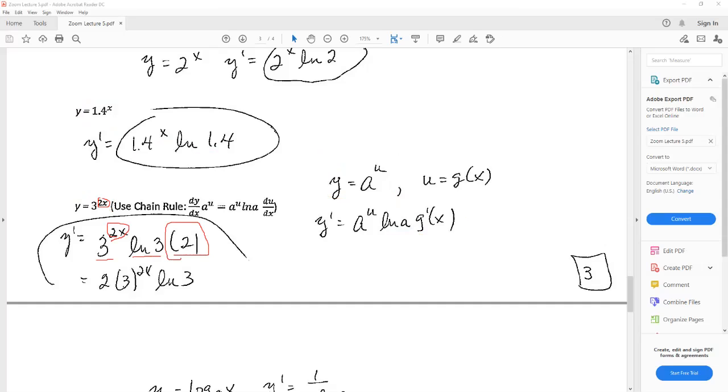So I just chose to move the 2 to the front. I probably should have said 2 ln 3, although it really doesn't matter. To me, it looks better this way: 2 ln 3 multiplied by 3 to the power of 2x. To me, that looks a little better.